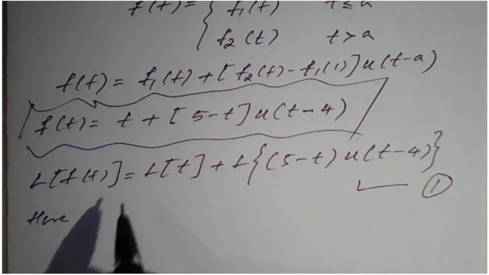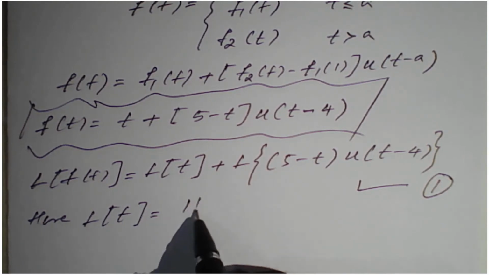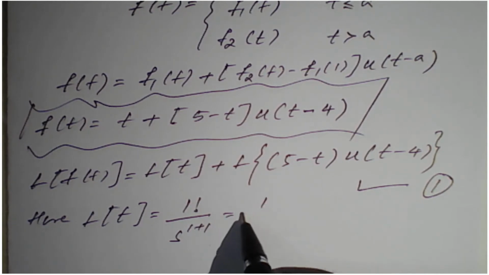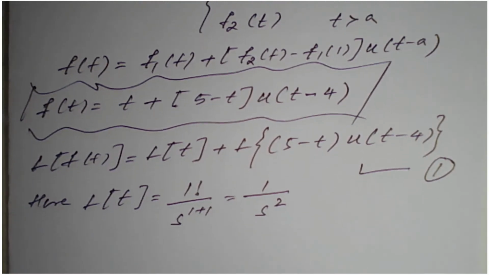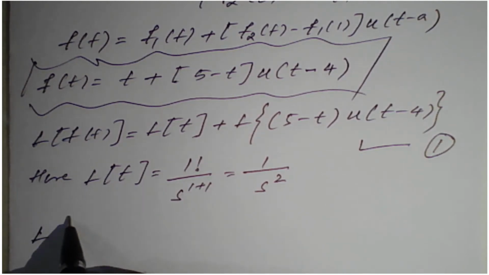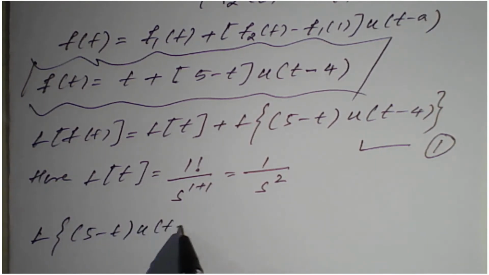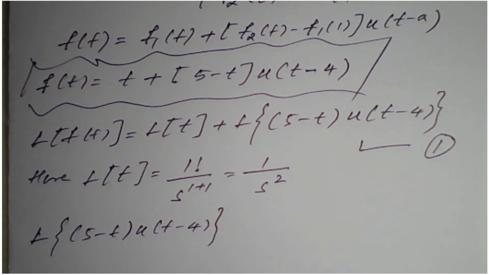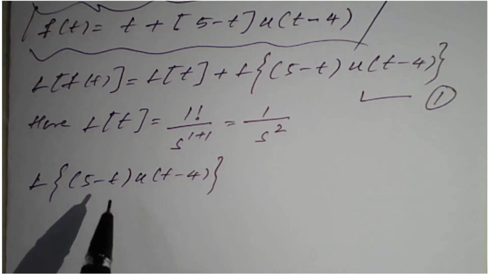Here the Laplace transform of t result is 1 factorial divided by s raised to 1 plus 1, that is 1 divided by s square. This is the first term result. Similarly, for the second term, that is Laplace transform of pi minus t into u of t minus 4, to solve this we need to apply unit step function type 1.